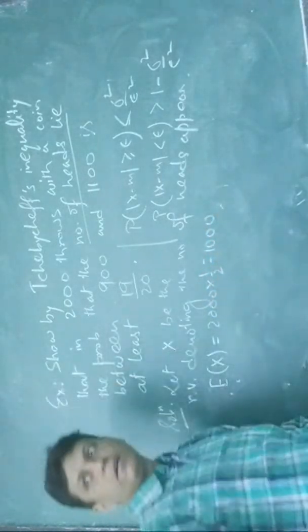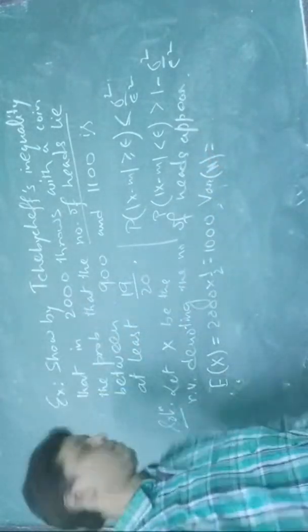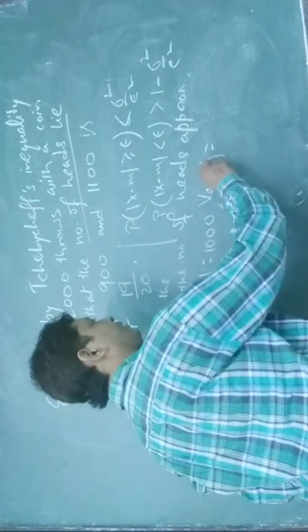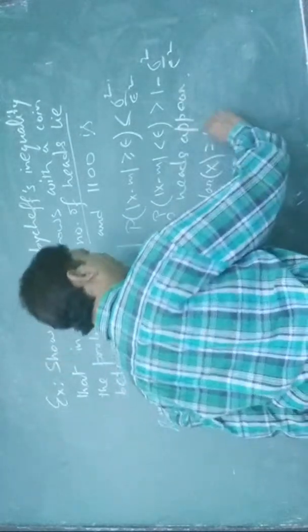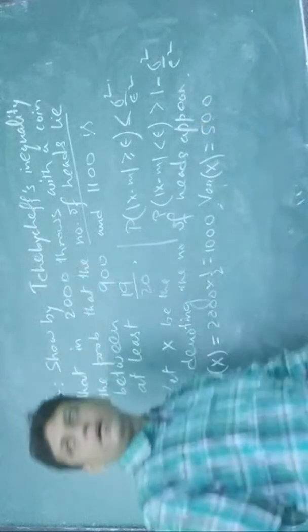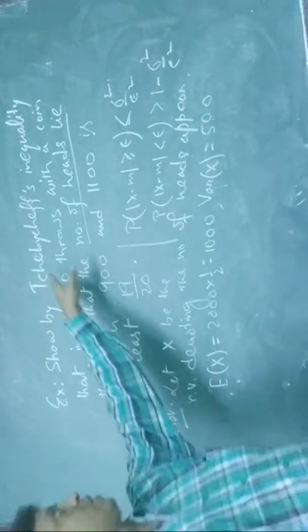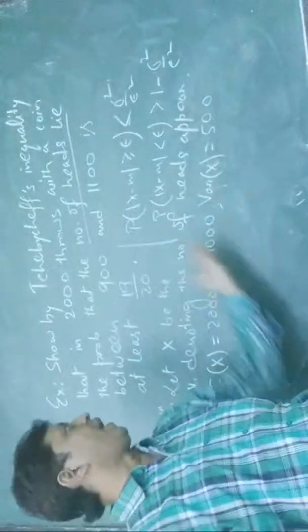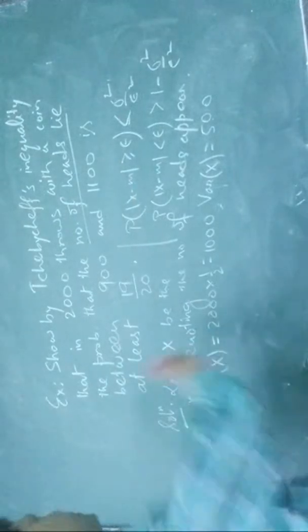Clear? What is variance of x? NPQ, so 500. In any case of using this inequality, you have to find out the mean and variance. Without that you cannot. So let me write.